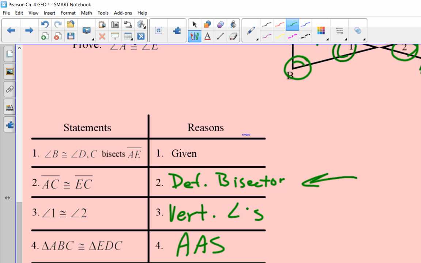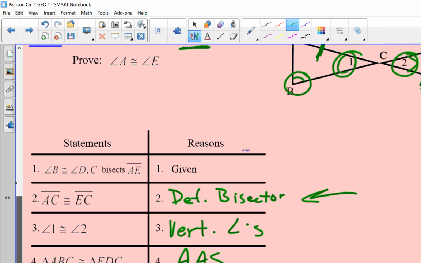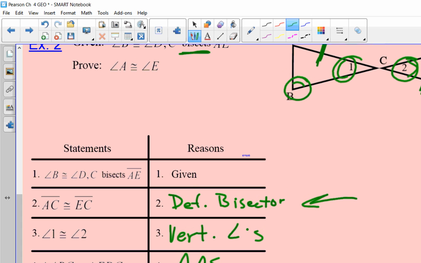And then, oh, there's another step down here. What they really wanted me to prove is that the 2 angles are equal. So this is a really good example of where CPCTC comes in. Okay. I proved that ABC was congruent to EDC. I just proved these 2 triangles are congruent because these 3 parts that I had was a theorem that we learned, but what that really says is everything in the triangles is going to be equal.